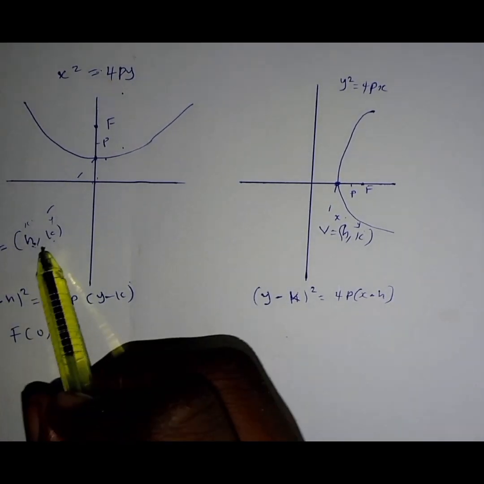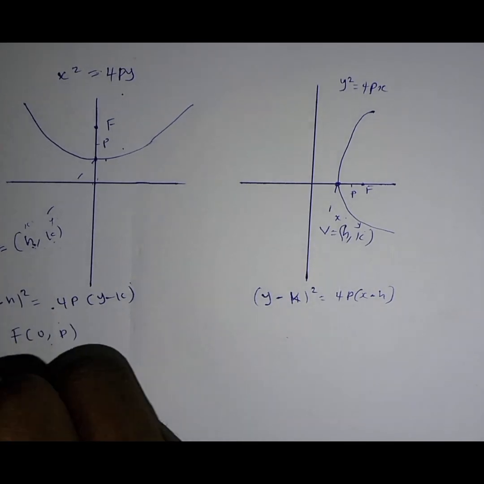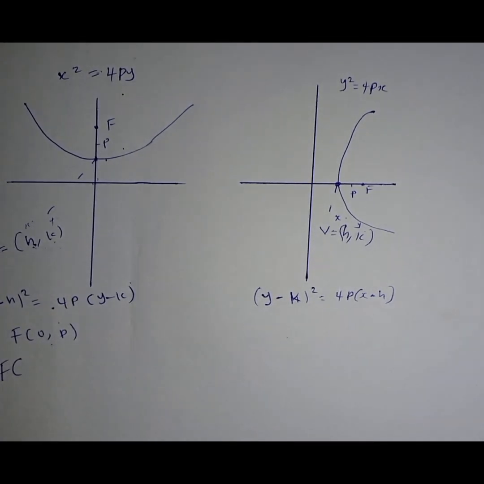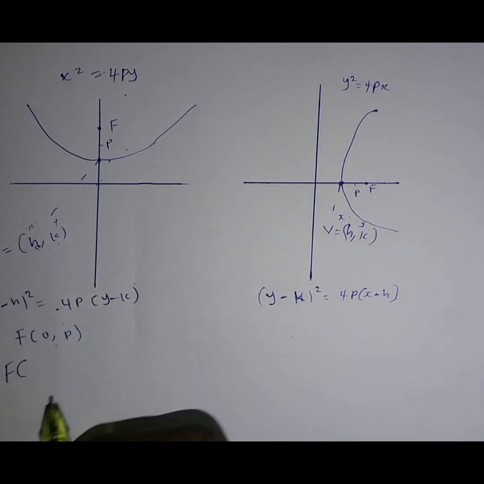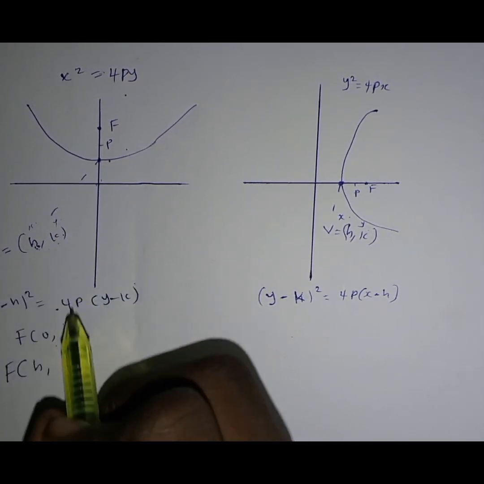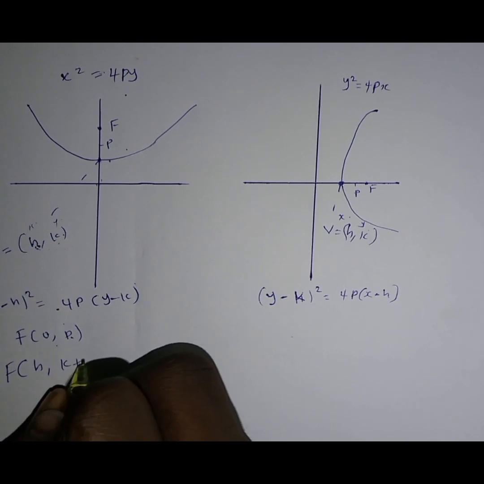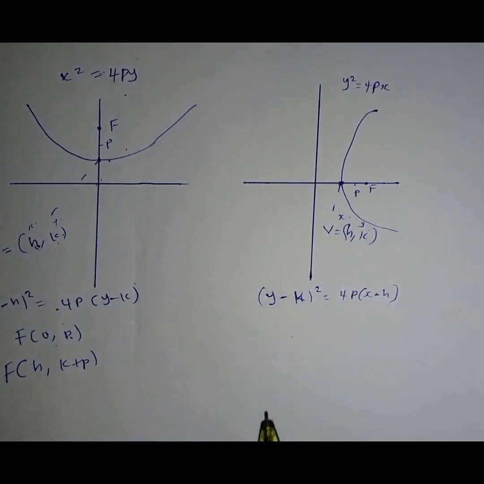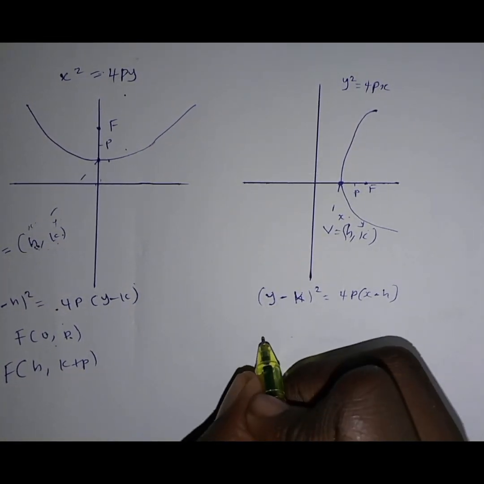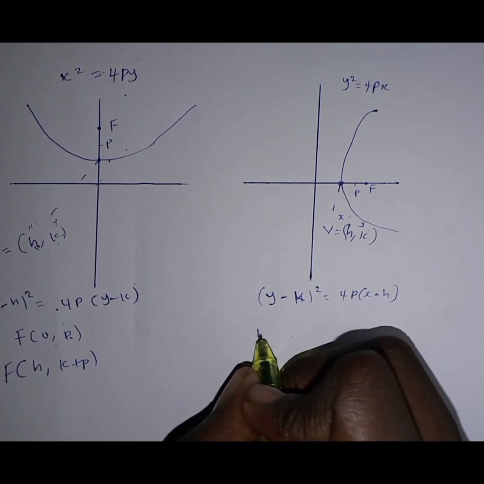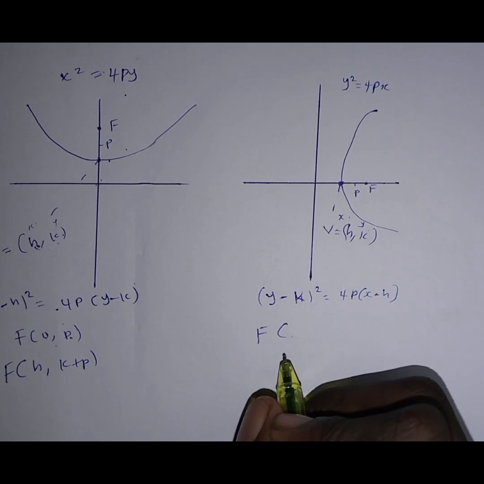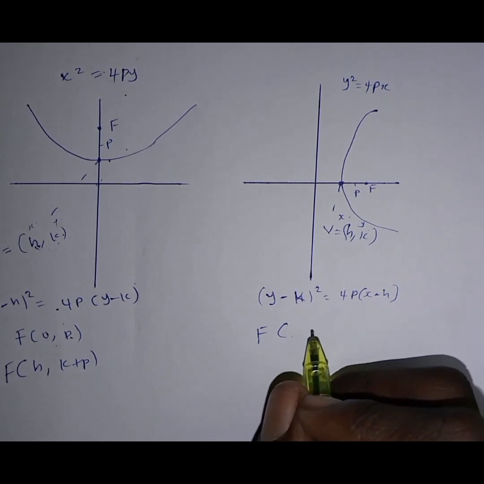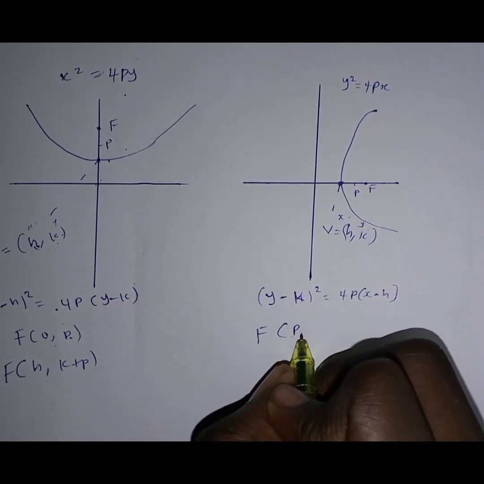Therefore you add the vertex to the focus, so the focus becomes 0 plus h, which is h, comma, k plus p. So here also you do the same thing. The focus on the graph whose vertex is at the origin is (p, 0).